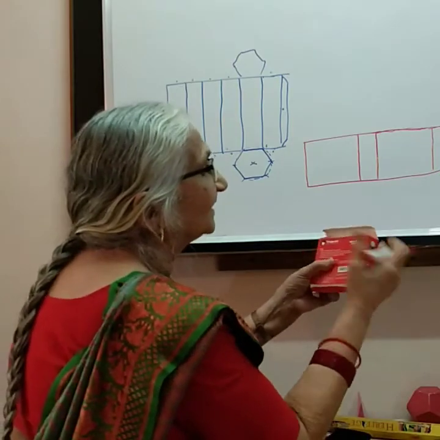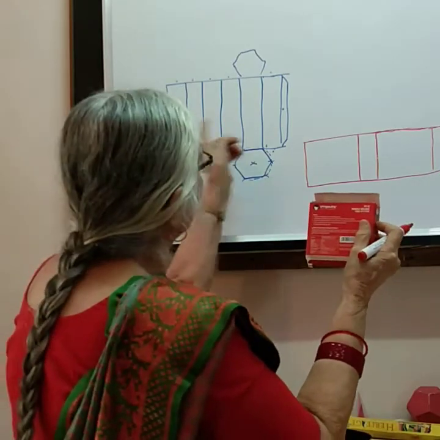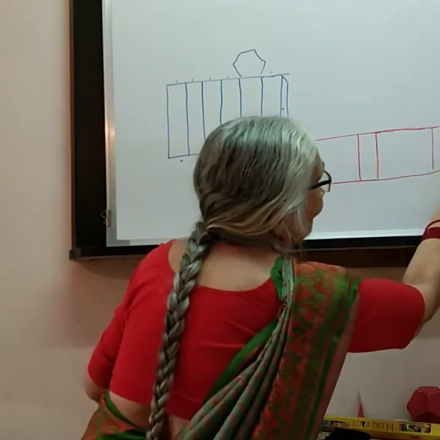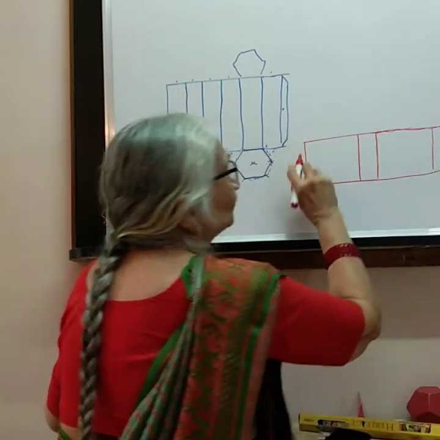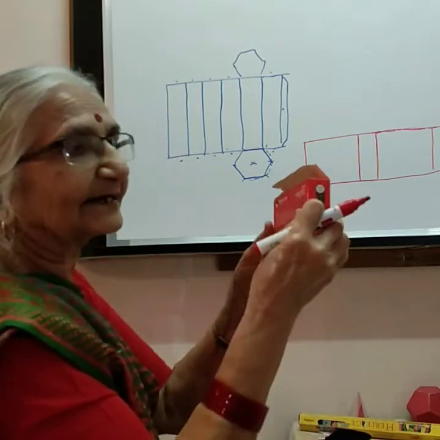So we have taken all 4 of them just like this, and now we will have a tab at one of these ends. So this will glue up with this, and the 4 sides are ready.